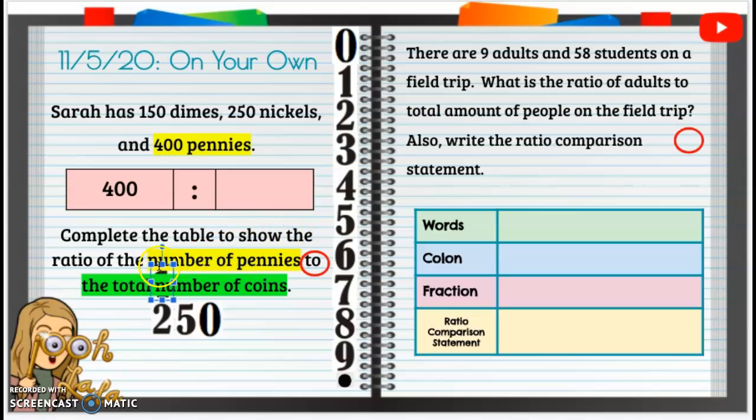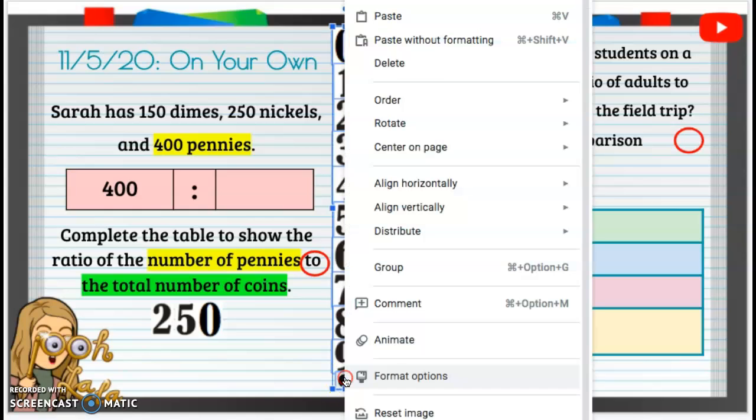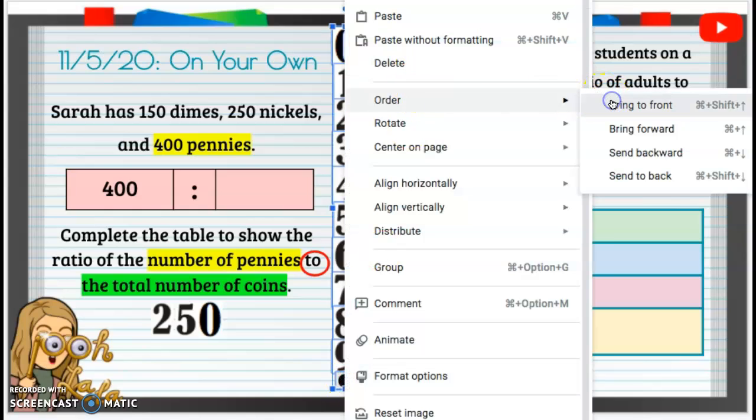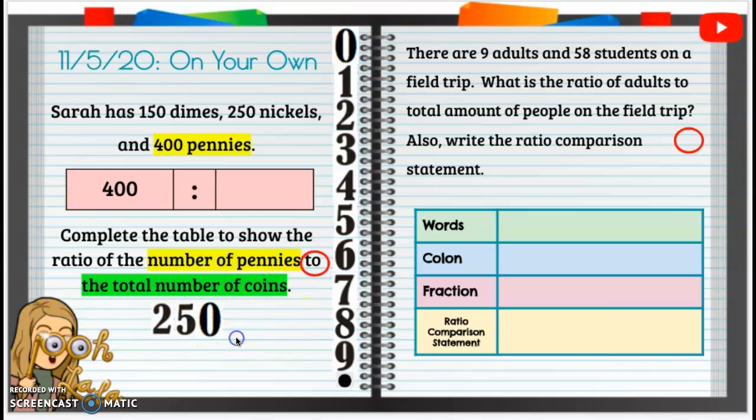Let me put these all up in front. Order, bring to front. Awesome. So 250, and 150, and then 400, because that's also coins. If we add them all up, let me put a line underneath.